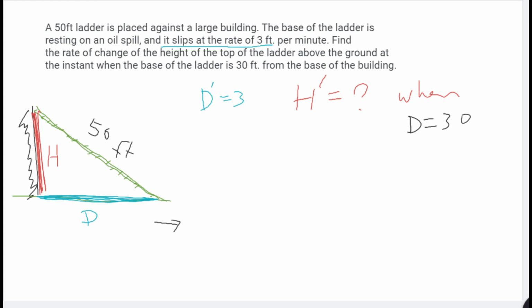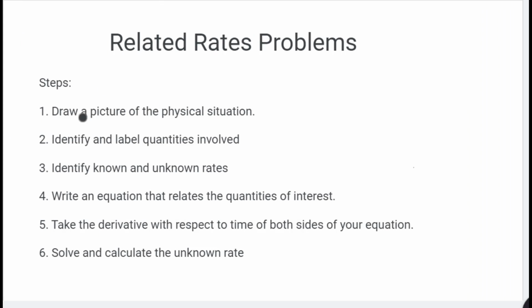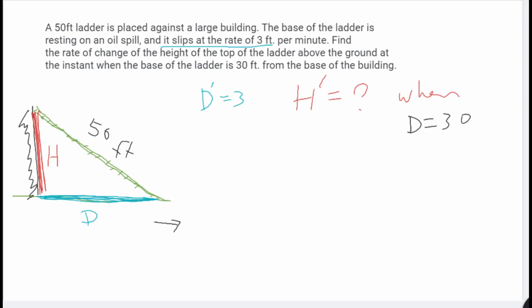Next, let's see the steps, right? We draw a picture, we identify quantities involved. We also identify the rates, known rate, unknown rate. Now, write an equation that relates all those quantities. So look at the picture. We see in this case a right triangle with all sides involved, and all those sides are clearly of interest in this problem.